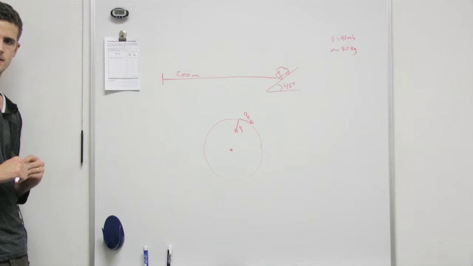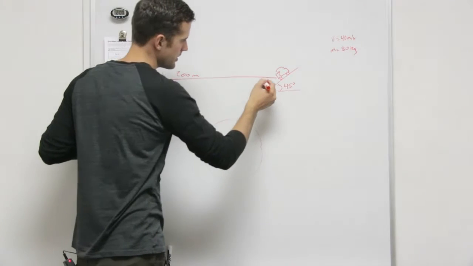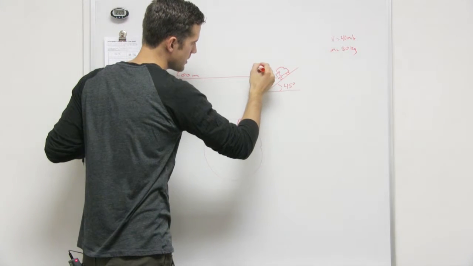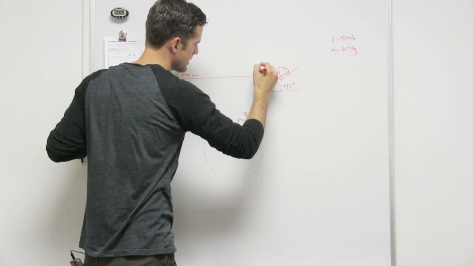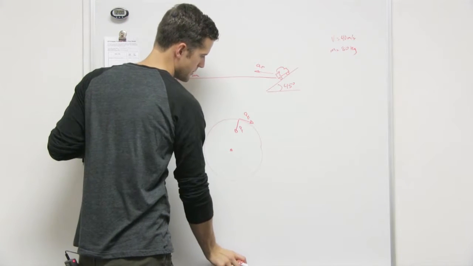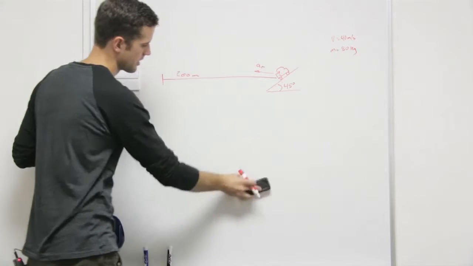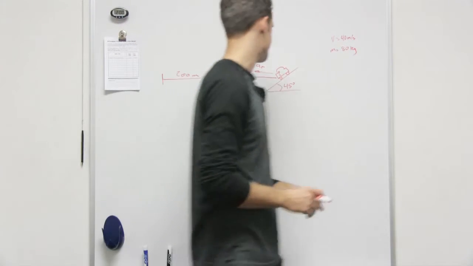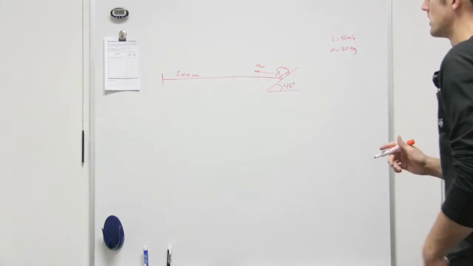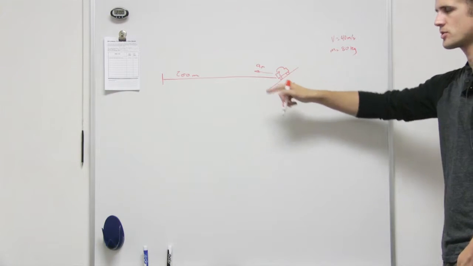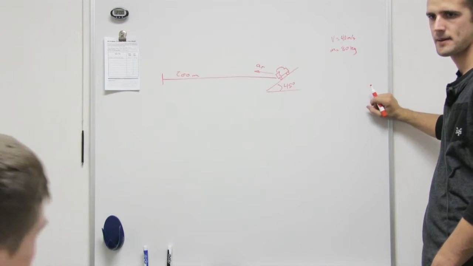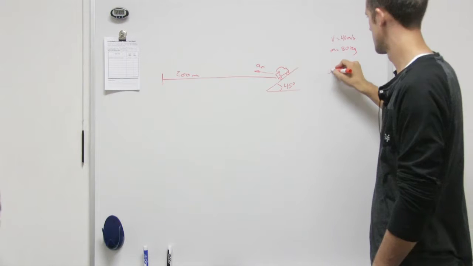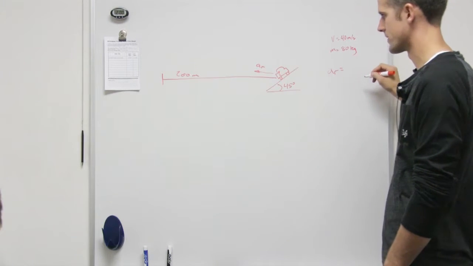He'll have some centripetal acceleration, a sub r or a sub c, but no tangential. Can we find the value of his centripetal acceleration? Yes. What's the equation for that?